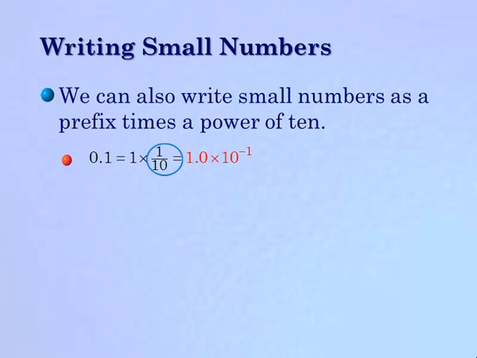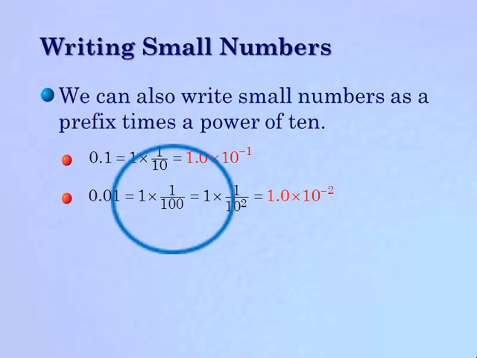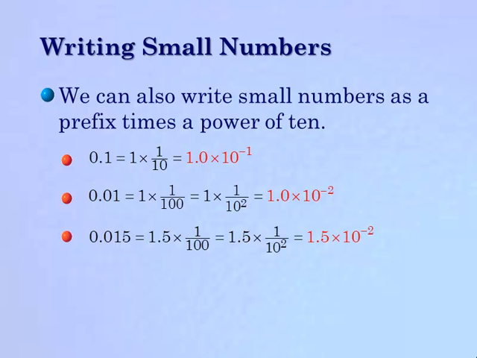Notice that 1/10 is the same as 10 to the minus 1 power. 0.01 is the same as 1 times 100th, and 100th is the same as 1 over 10 to the 2, which is the same as 10 to the minus 2. 0.015 is 1.5 times 1/100th, or 1.5 times 1 over 10 to the 2, or 1.5 times 10 to the minus 2.